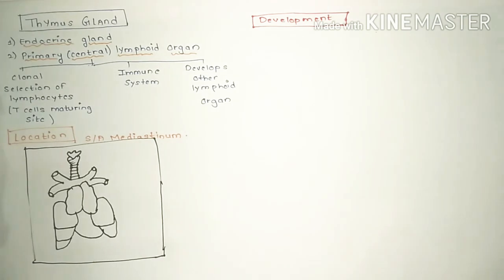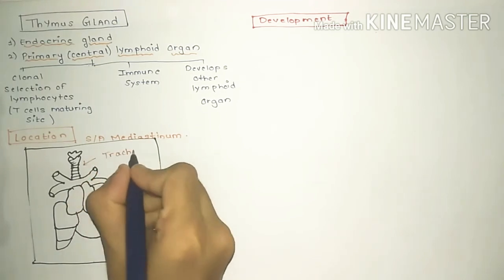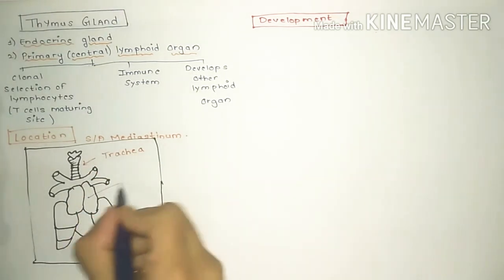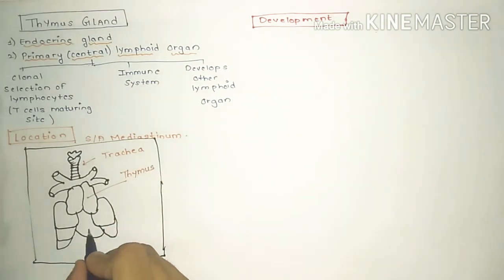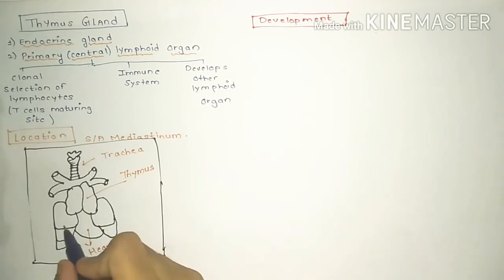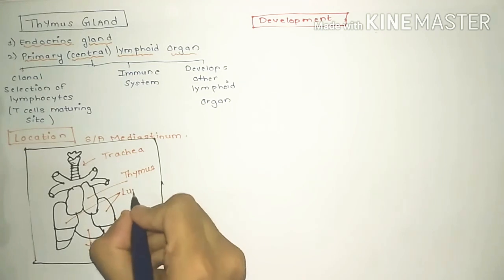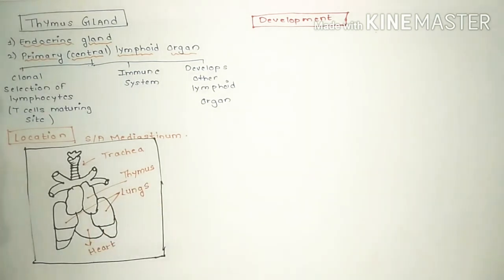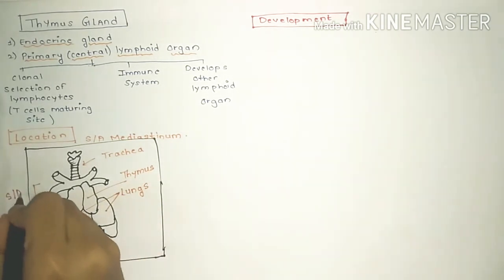So let's name them. This is trachea, this is thymus, this is heart, this is lungs, and the position where the thymus is situated is the superior anterior mediastinum.